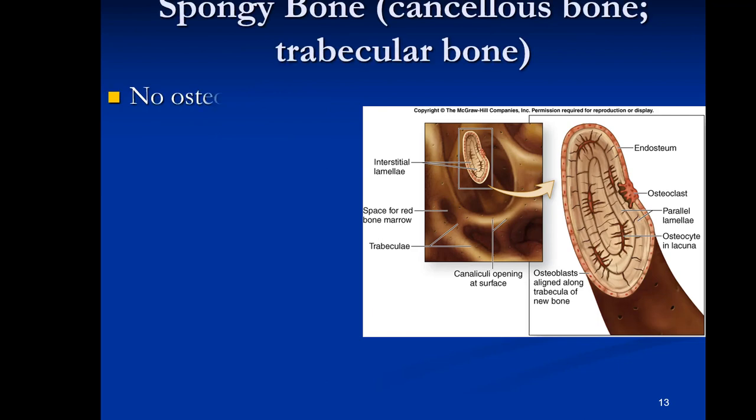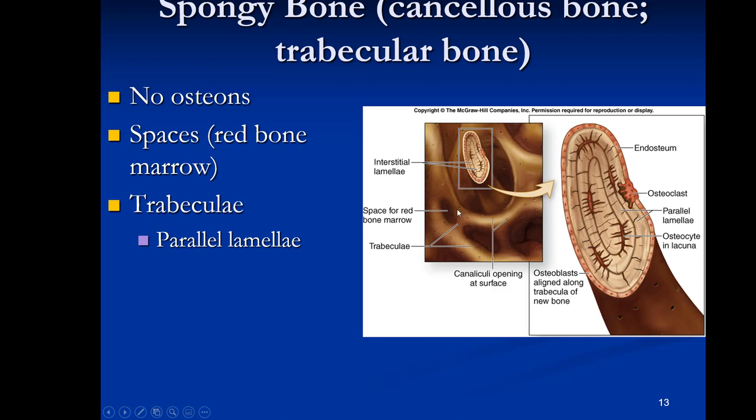And moving on, spongy bone, sometimes called cancellous or trabecular bone, does not have osteons because if you look at this, it does have the lamellae, but since it doesn't have a central canal, it's not considered an osteon. And we have the big spaces because remember, it looks like a sponge. In those gaps, we mostly have red bone marrow, which is important for blood cell formation.